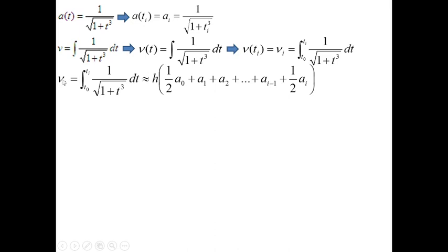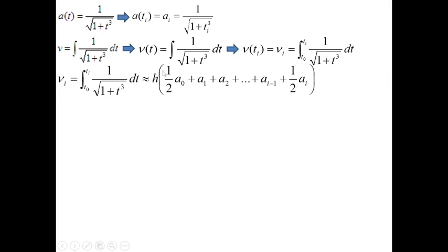So this is now v sub i equals the integral of 1 over the square root of 1 plus t cubed dt, limits from t sub 0 to t sub i, which will now be approximated applying the trapezoidal rule.